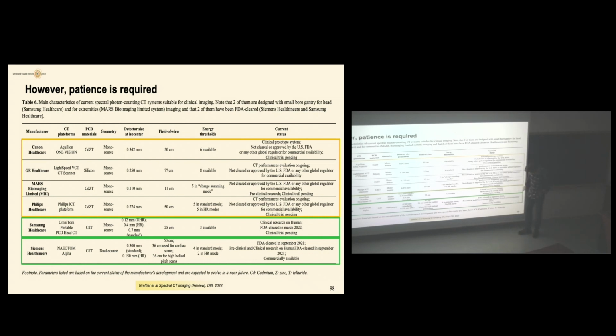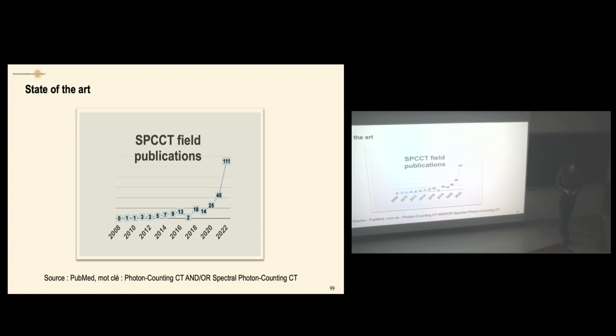There is this small one, which is Samsung, but I think we should forget it because it is only for brain, so it's not for whole body imaging. So yeah, you need to be patient.